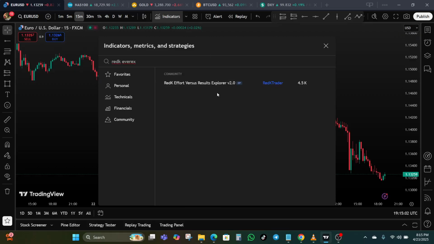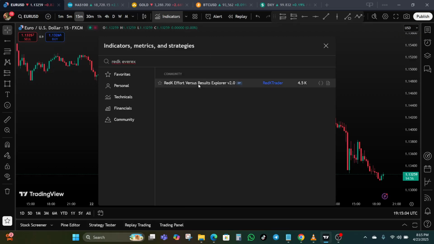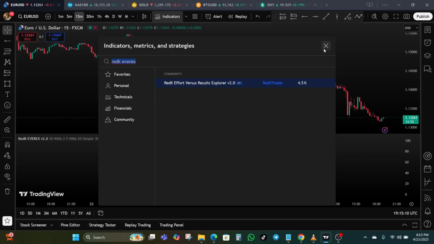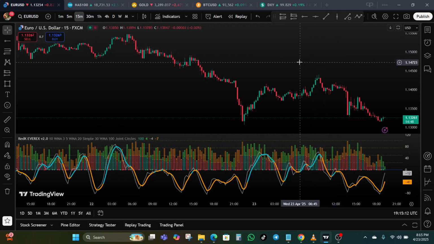Okay. So this is the RedK effort versus results explorer indicator. So we're going to be breaking down this indicator.